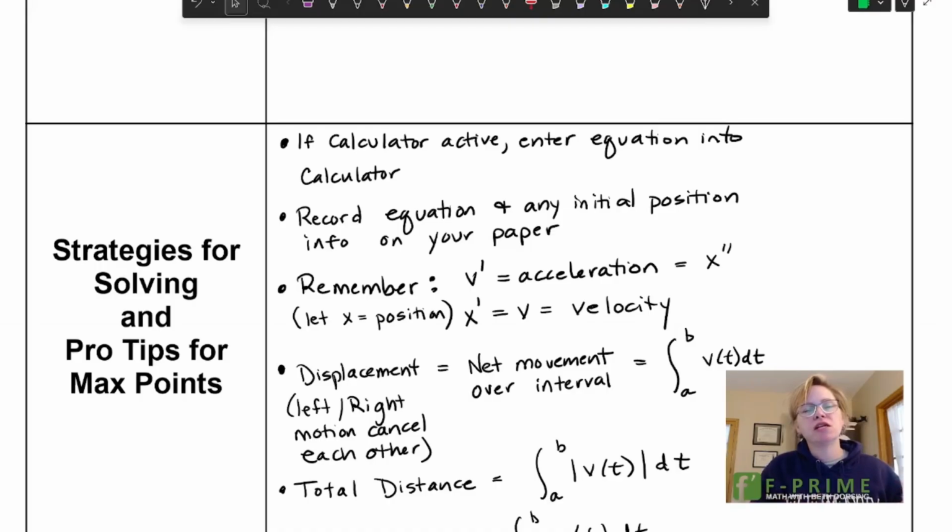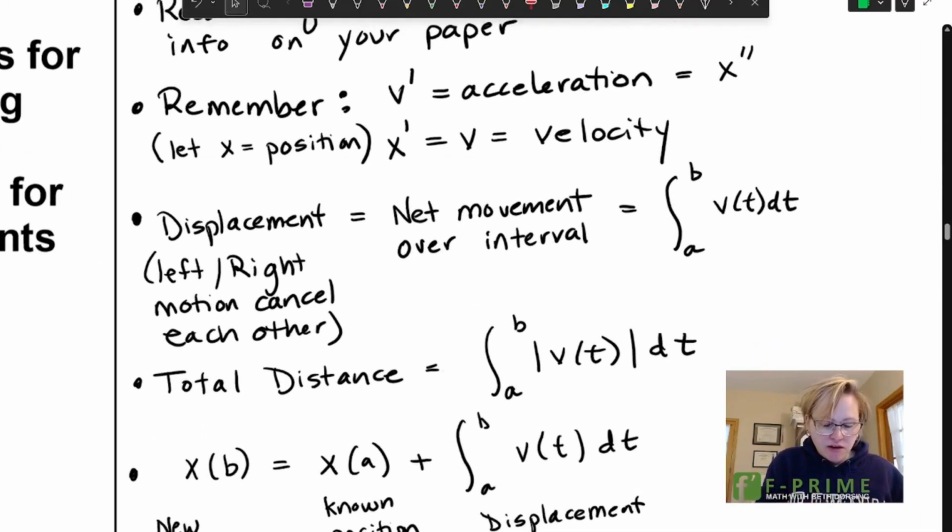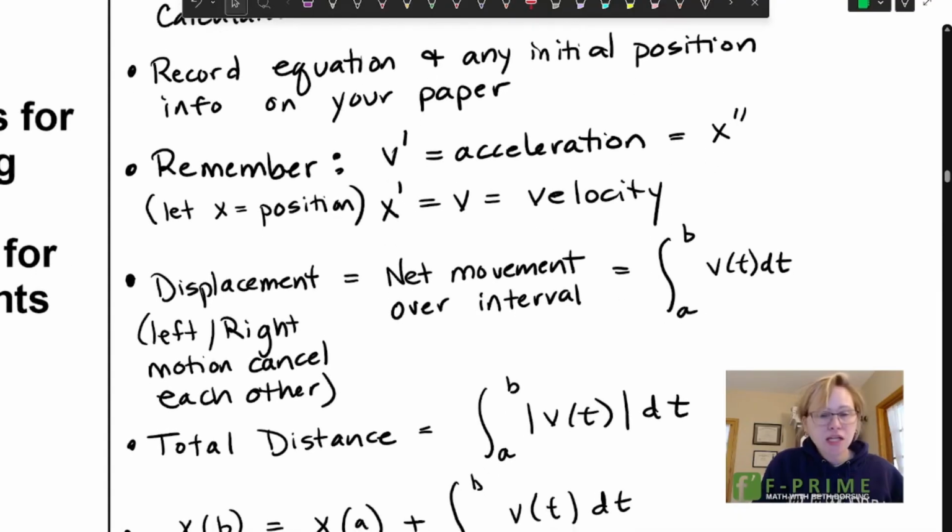Don't forget to type it in as V of t equals, or whatever the equation is. When you're reading it, if you're given an initial condition or initial position, make sure that you record that on your paper, record the equation on your paper, and make sure that you're recording it correctly, especially with these digital hybrid exams.